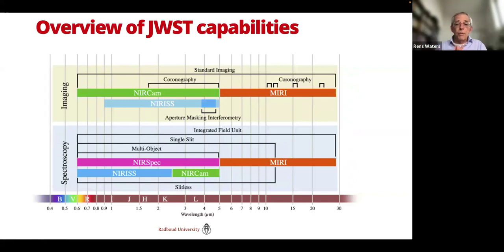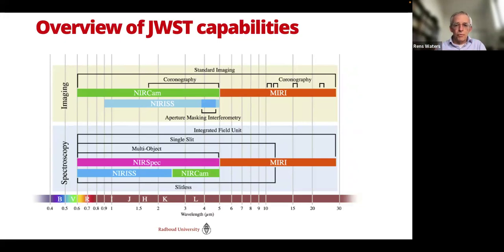And I mean, if you go to the website of Webb, and click on the different instruments and their capabilities, there's an enormous choice and richness in different observing modes with different combinations of filters and spectrographic elements and selecting different wavelength ranges.